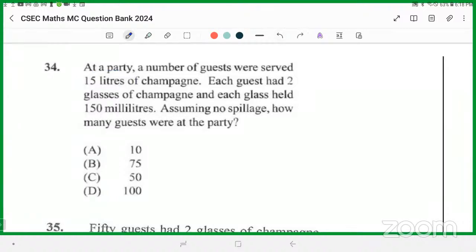Each guest had 2 glasses of champagne, and each glass held 150 milliliters. So each guest got 300 milliliters. So we can say it's 300 milliliters per guest.